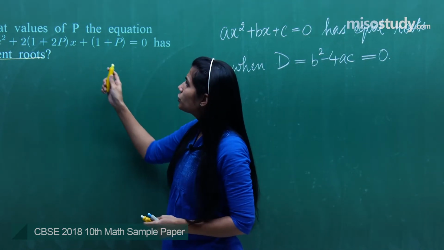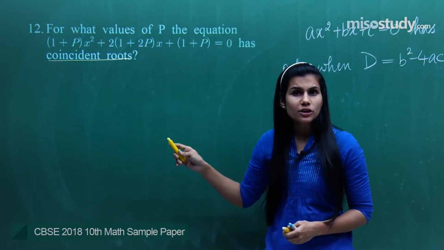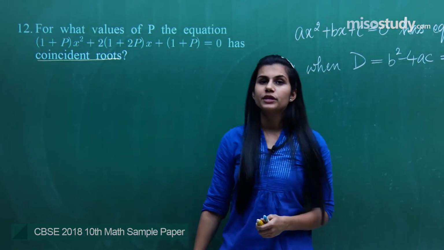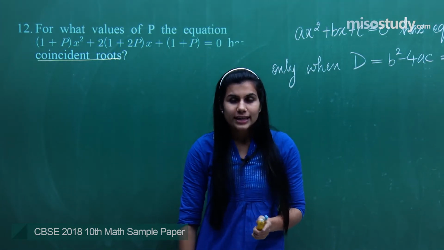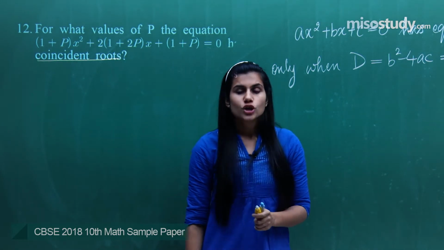So if I am given that this quadratic equation has equal roots, that means the discriminant of this quadratic equation is 0. That is the fact which is going to be used to give you the values of p. So let's do that.